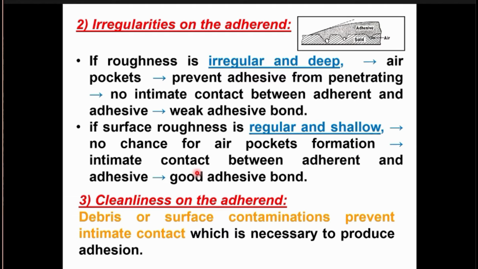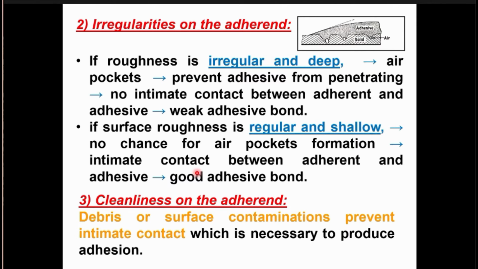Okay, the surface irregularities. As I mentioned, the two surfaces should be in close approximation. There should not be a big gap or big irregularity. A little roughness is okay, that will help us get good adhesion. But if there are big irregularities, we cannot make a good adhesion.